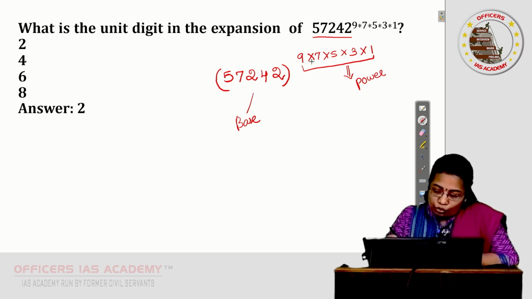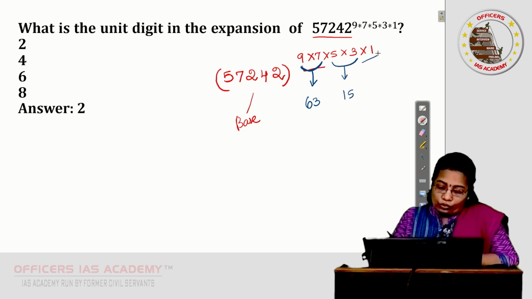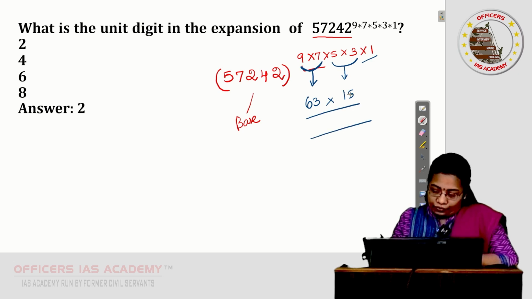9 into 7, 63. 5 into 3, 15, and multiplying with 1 gives the same value. Next, we can multiply 63 into 15.